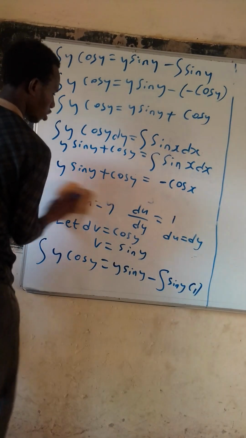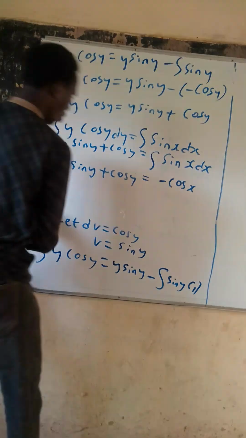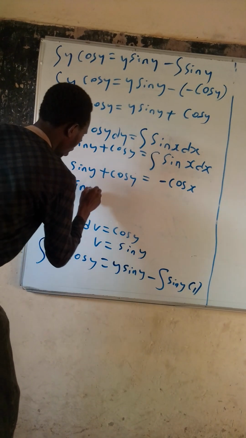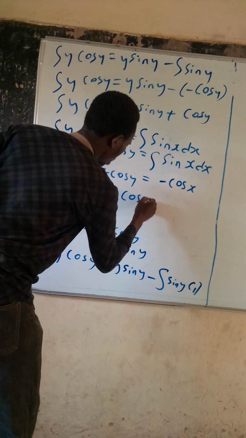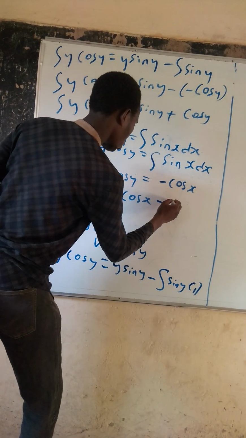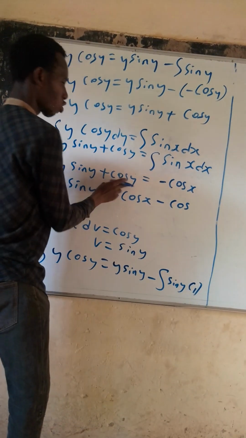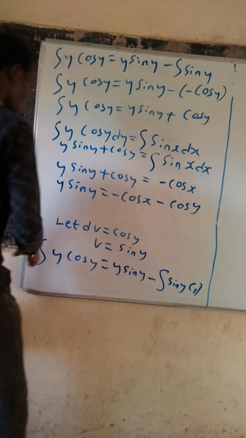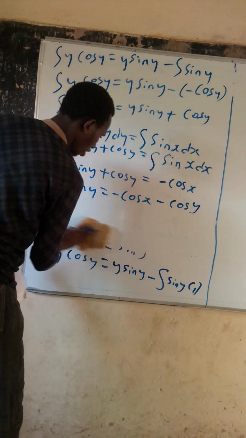So what are we going to have next? We are going to have y sine y equals minus cos x, plus cos y will cross the equals sign and become minus cos y. So having done that, let's proceed further.